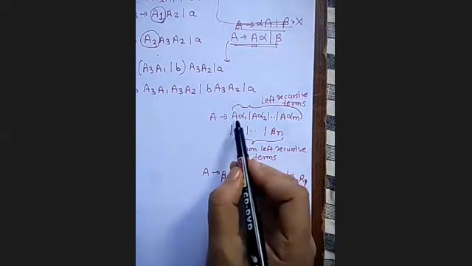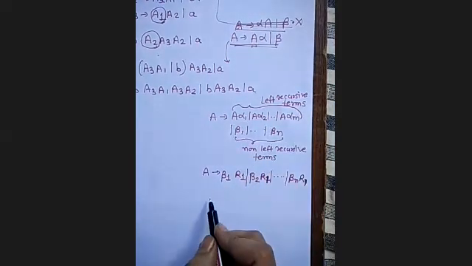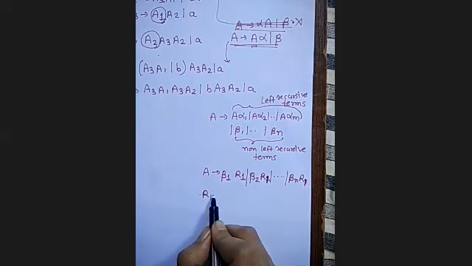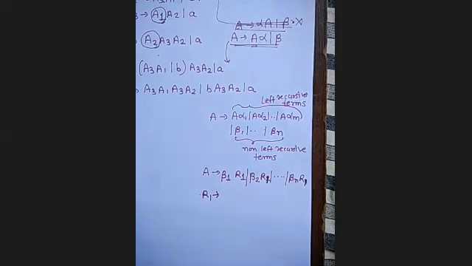Okay. Then for the left recursive terms, whatever R1 we have added now, we have to write the production rules of that.